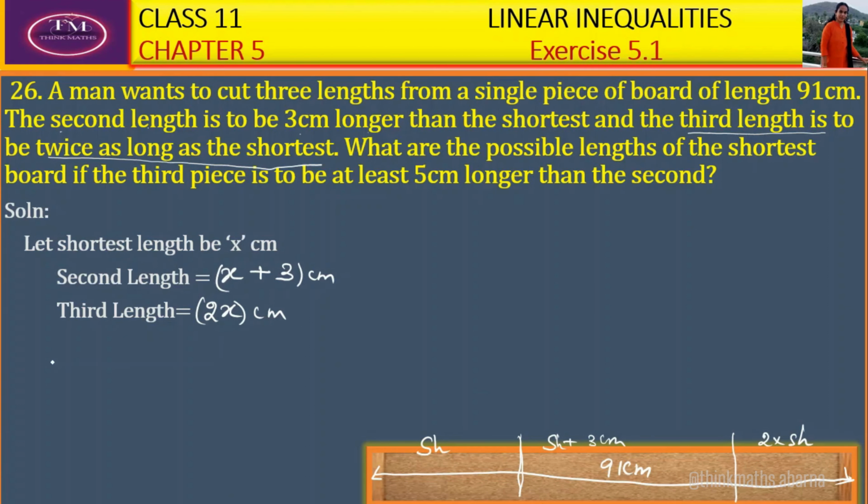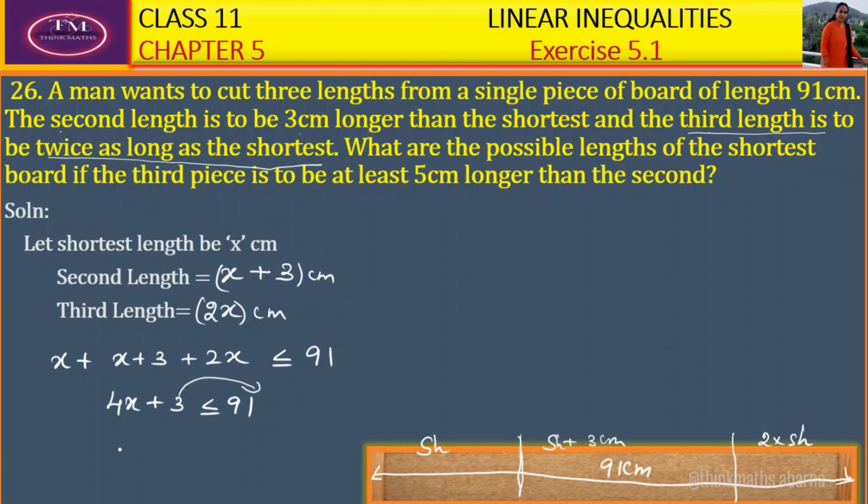So one of the inequality is x plus x plus 3 plus 2x should be less than or equal to 91. So if you add the x values, x plus x is 2x, 2x plus 2x is 4x, plus 3 less than or equal to 91.